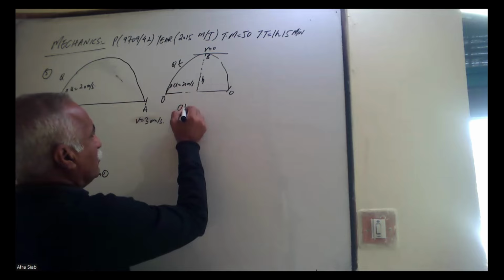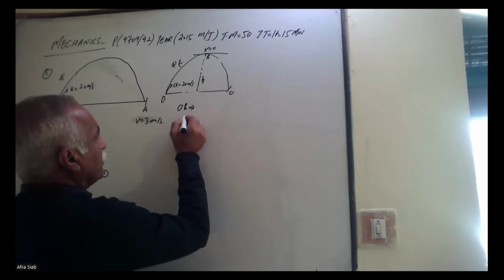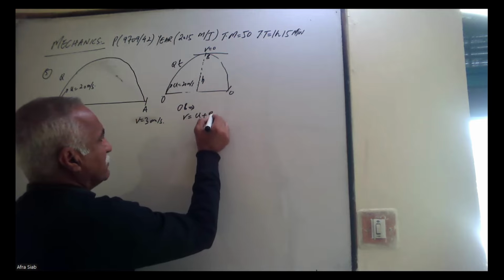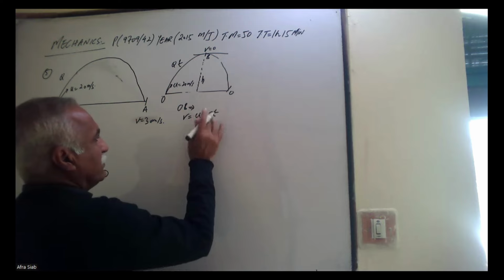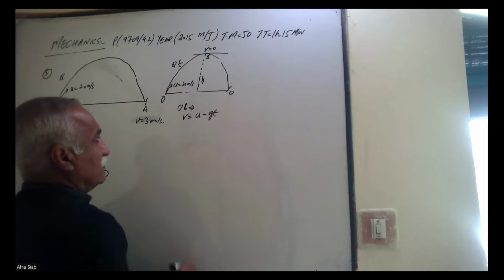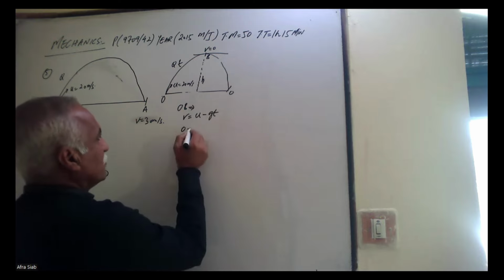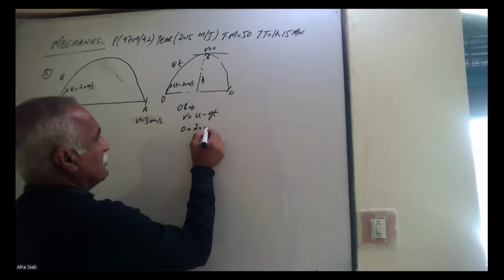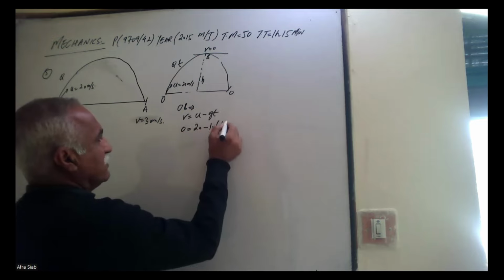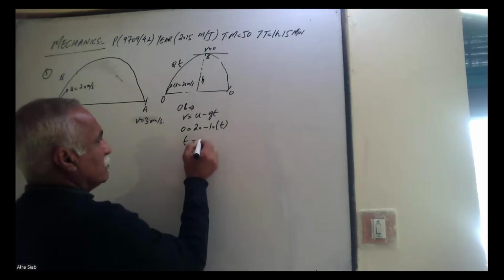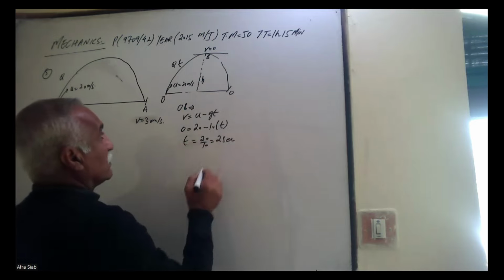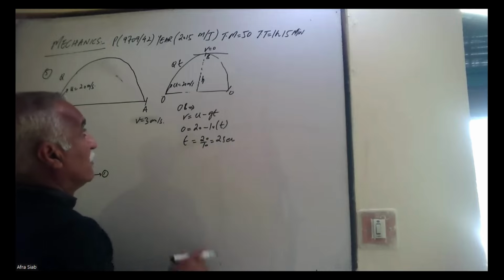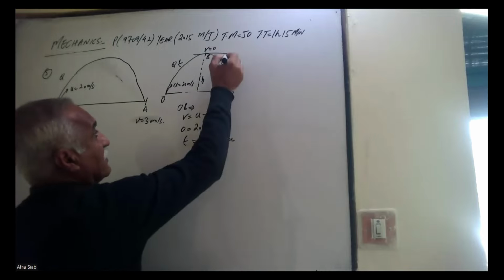From O to B, we know that V is equal to U plus GT, but because it is moving upward, it will be U minus GT. V is 0 there. U is 20 minus G, which is 10, into T. So T is equal to 20 over 10, that is equal to 2 seconds from O to B. And from B to A, it is the same time.